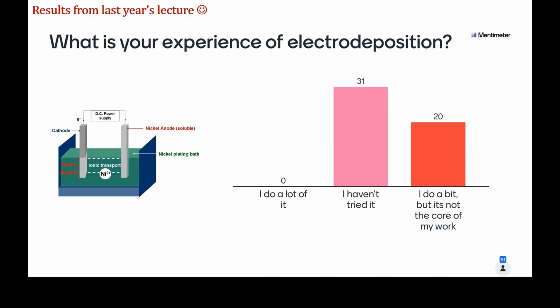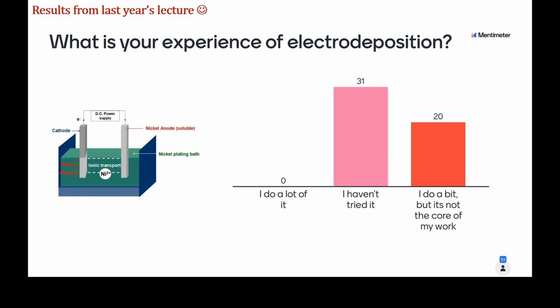In fact, the majority of the audience hadn't even tried it before, but they were just interested in learning about it. And some of the audience encounter it as part of the project. So let's say you can't buy something, but you know that you can make it by electrodeposition. So it's kind of a side project to their main project.